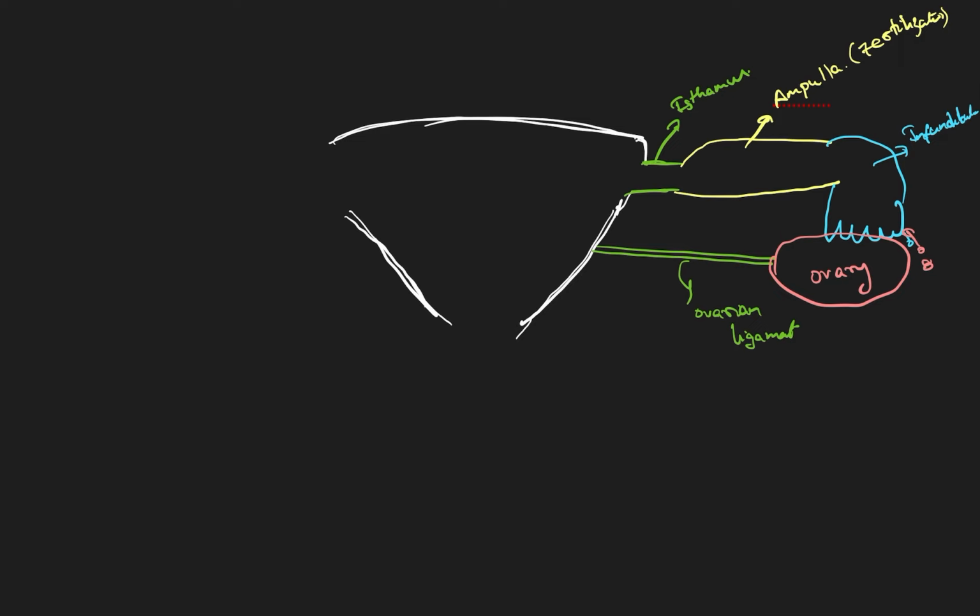And now let's complete the structure of the womb. This entire portion on this side that I'm drawing now is called the womb. So the outermost layer is known as the perimetrium. Inside this we have the myometrium.